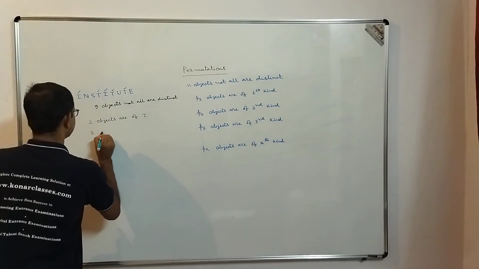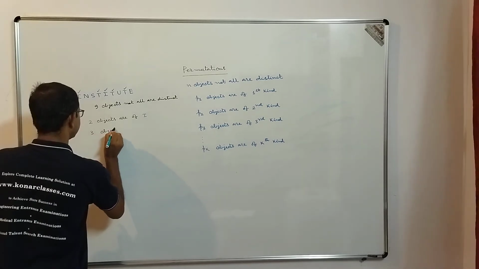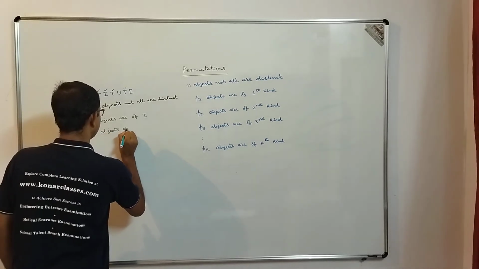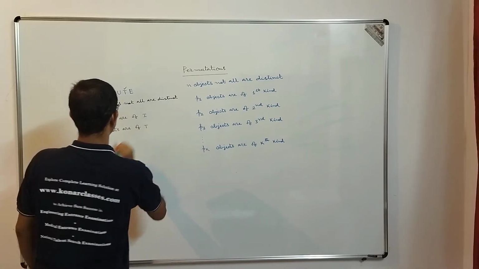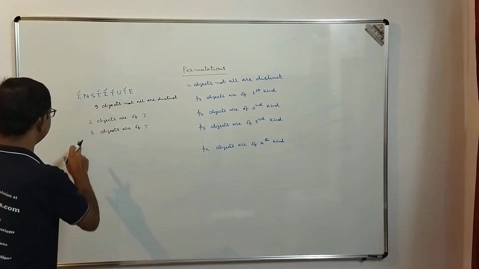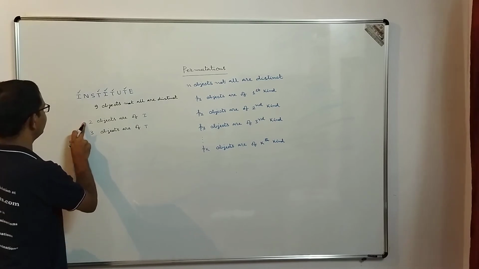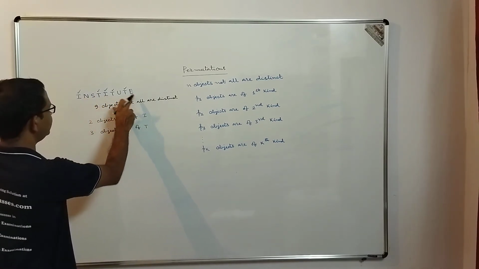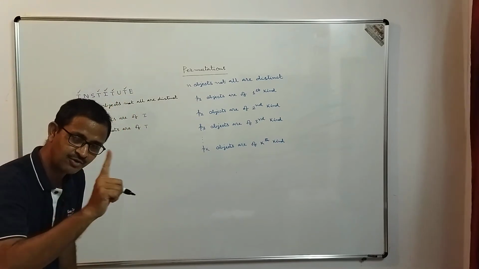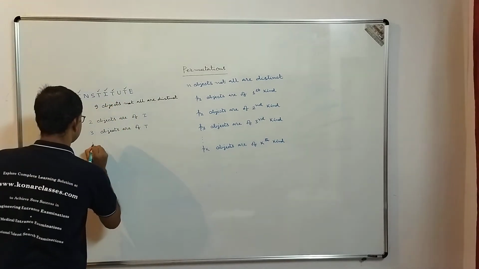Then 3 objects are of T. Apart from these 2 and 3, that is 5, there are 4 other objects: N, S, U and E, all are distinct because each came only once. Rest are distinct.